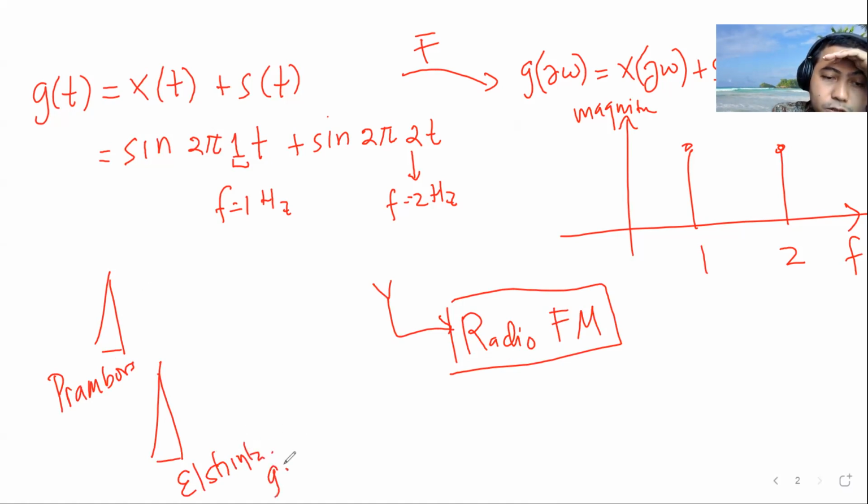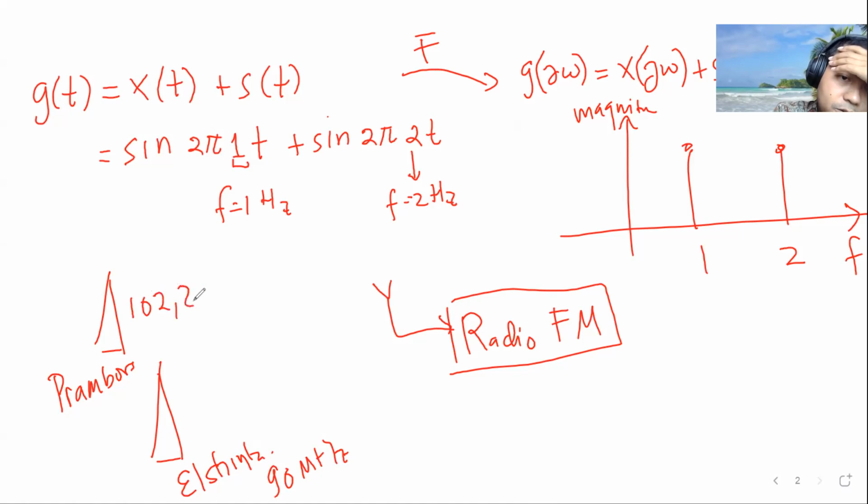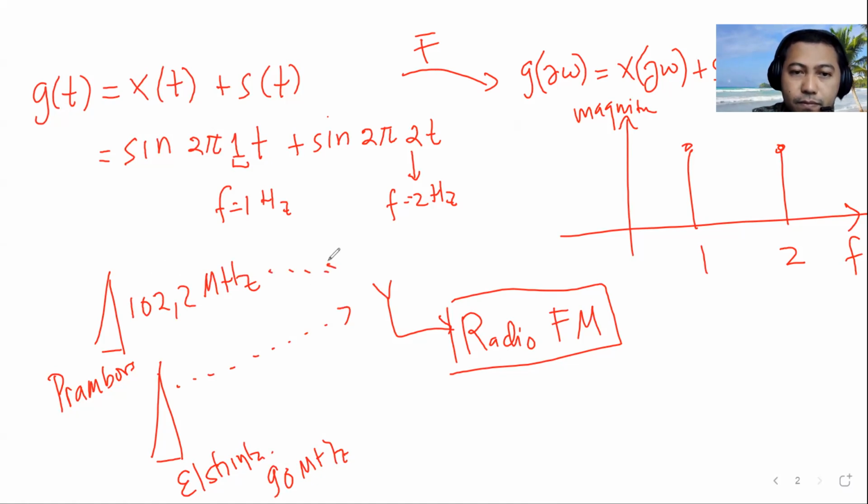If you know, El Sinta works at 90 megahertz frequency. Prambors, I forget a bit, but let's assume 102.2. Okay, thank you, Hanif. Actually our radio receives signals simultaneously from two stations, right? It receives two signals like this.